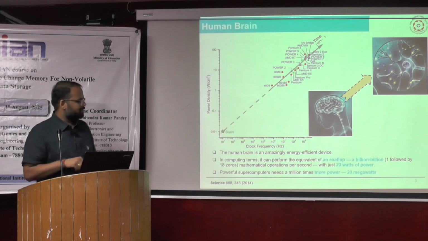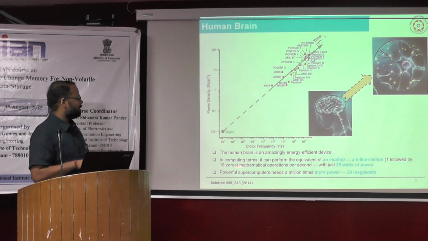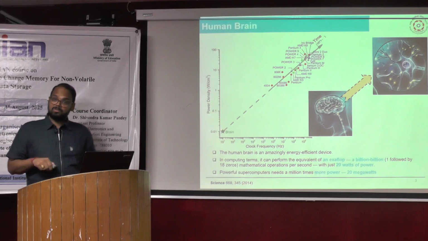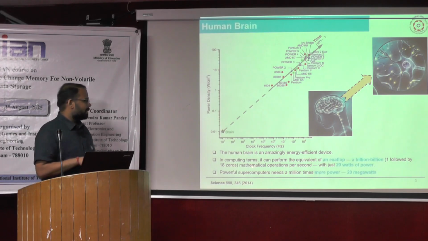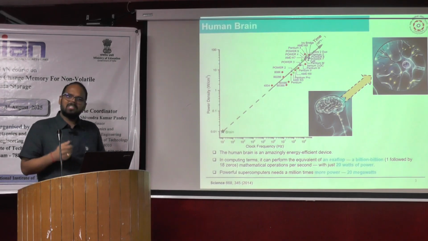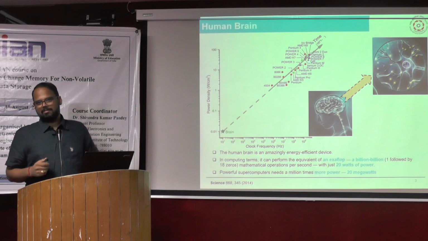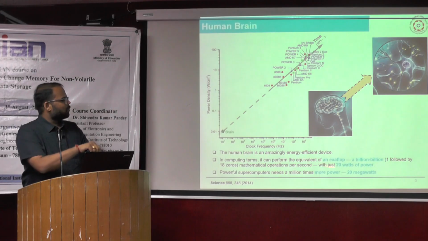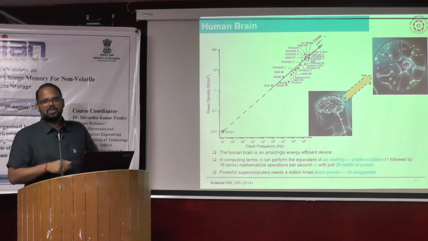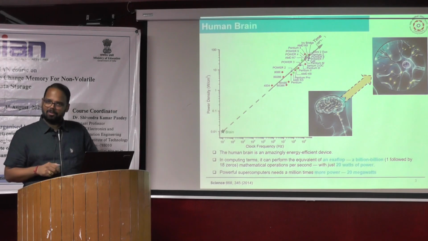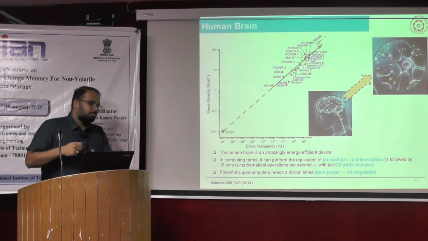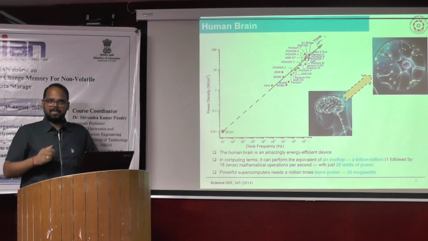What is an exaflop? It is 1 followed by 18 zeros mathematical operations per second, with just 20 watts of power. Only 20 watts is what our brain requires to process this information. You can say 1 exaflop.